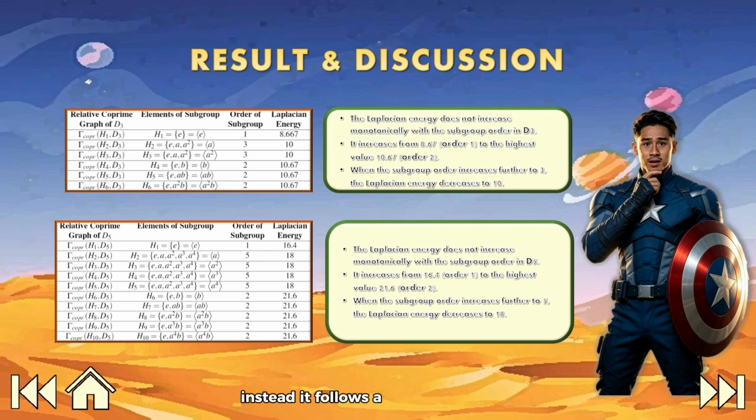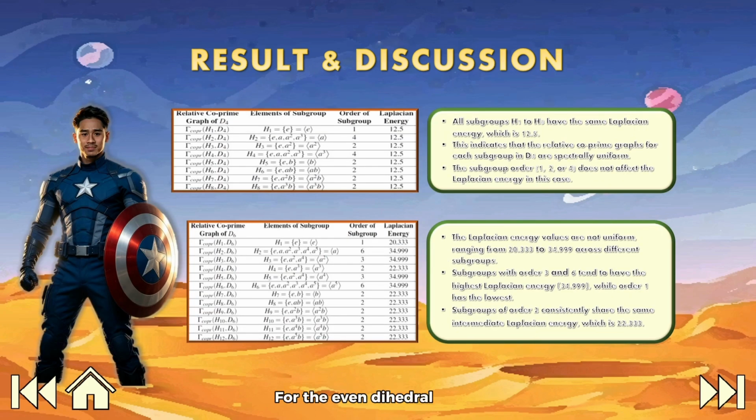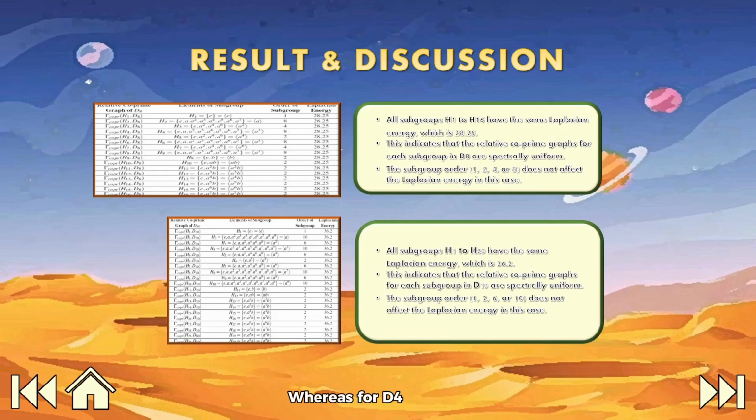Instead, it follows a non-monotonic trend. For the even dihedral group D6, the Laplacian energy varies depending on its subgroups. Whereas for D4, D8, and D10, the Laplacian energy remains constant across all subgroups.